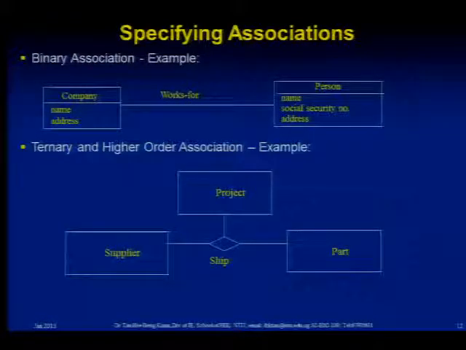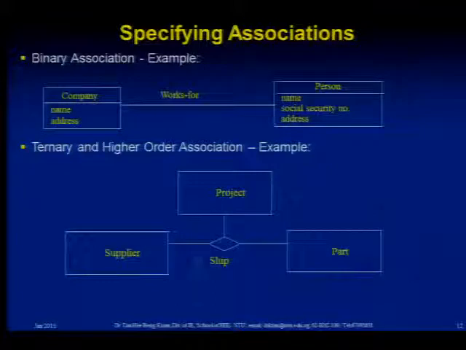This is the way to specify binary association. For ternary association, we use a diamond sign. For ternary and higher order association, we no longer can use just one line to specify it, so we use a diamond.